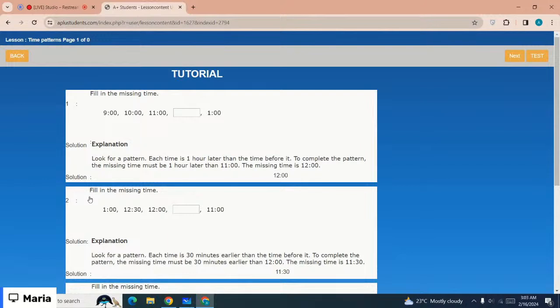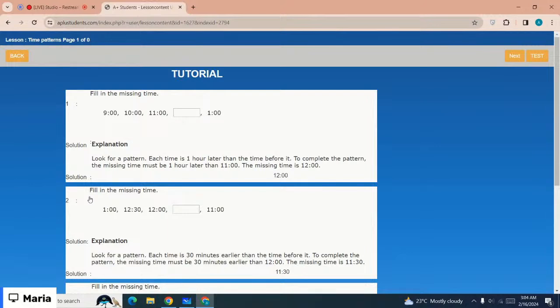Just look at the other example. Fill in the missing time. 1, 12:30, 12, missing, and then 11. So time is decreasing, right? Decreasing by 30 minutes, right?